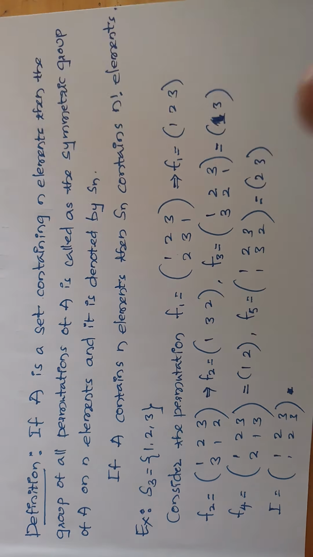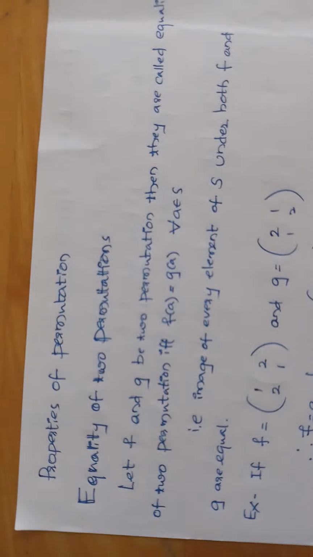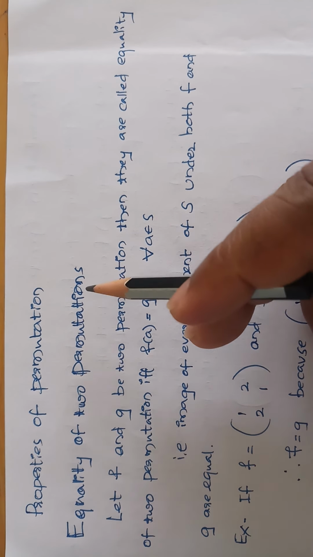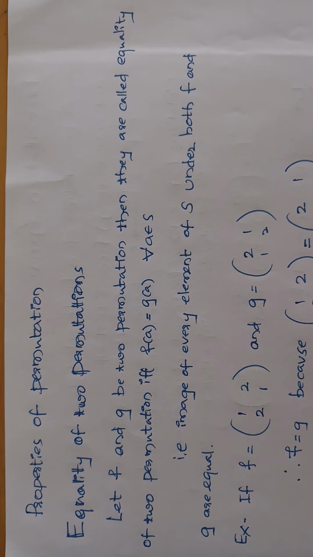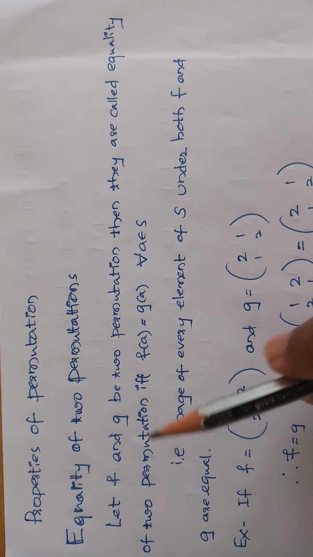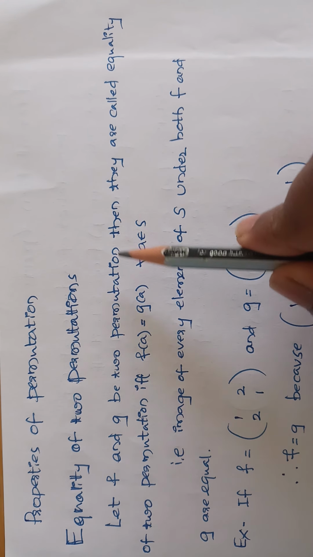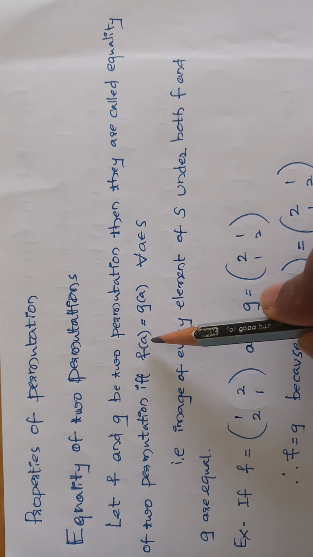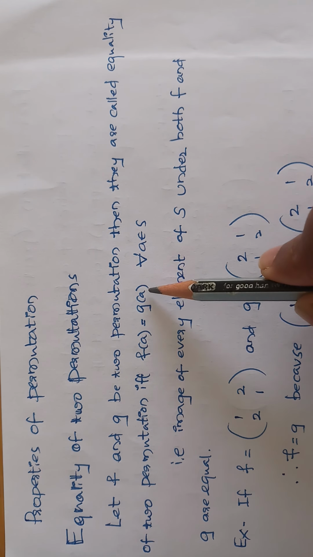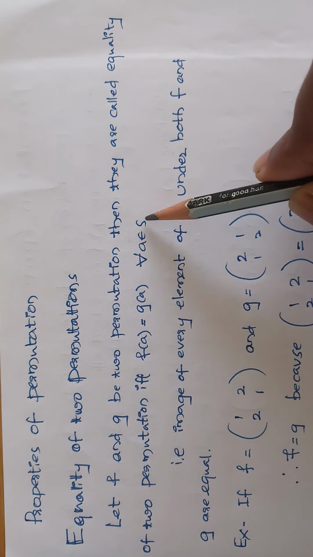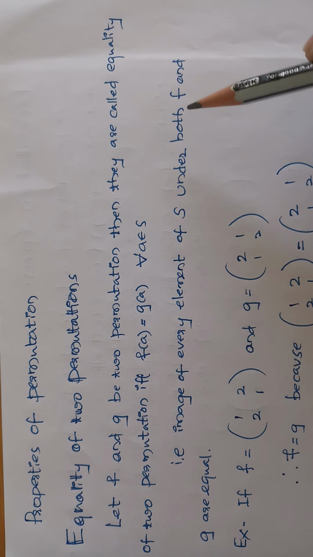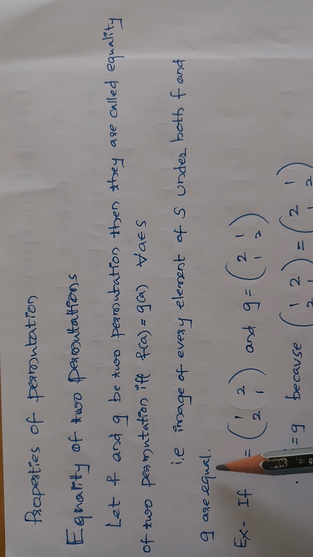Next, properties of permutations, in that, equality of two permutations. When do two permutations become equal? Let f and g be two permutations. Then they are equal if and only if f of a equals g of a for all a belonging to S. That is, the image of every element of S under both f and g are equal.